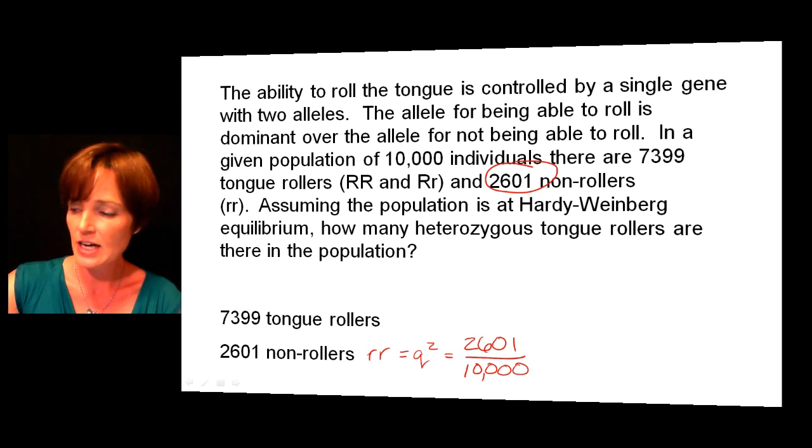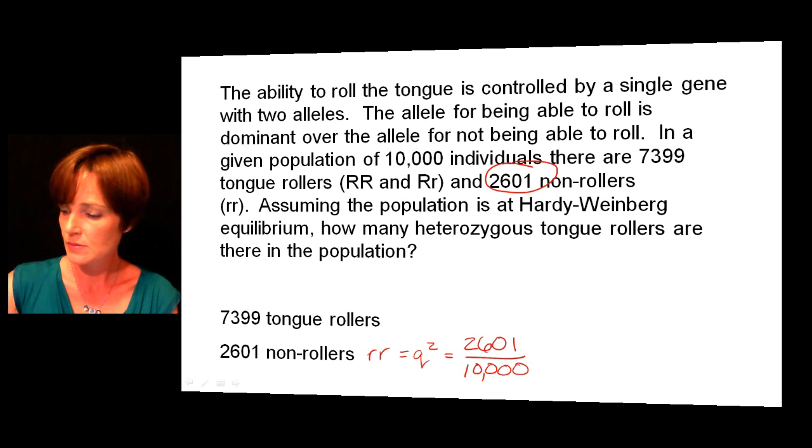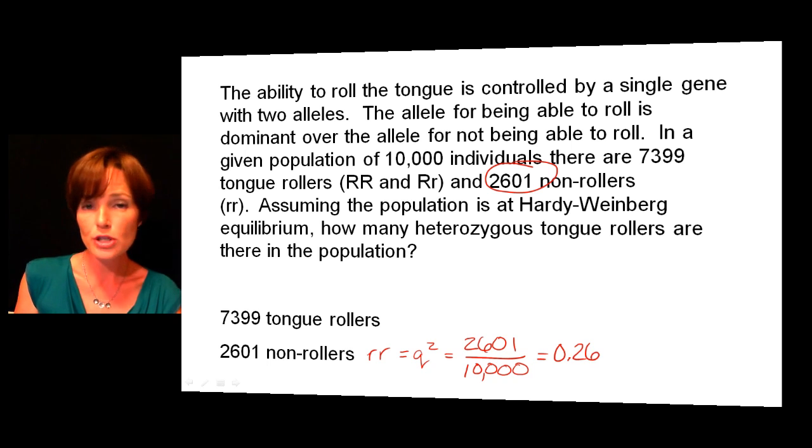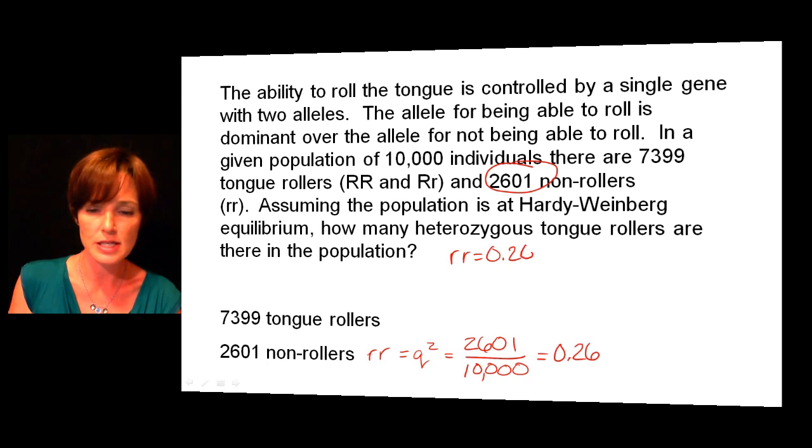So go ahead and divide that out. Okay, so the decimal when you do that is going to be 0.26. So q squared is 0.26, that's the little r genotype.